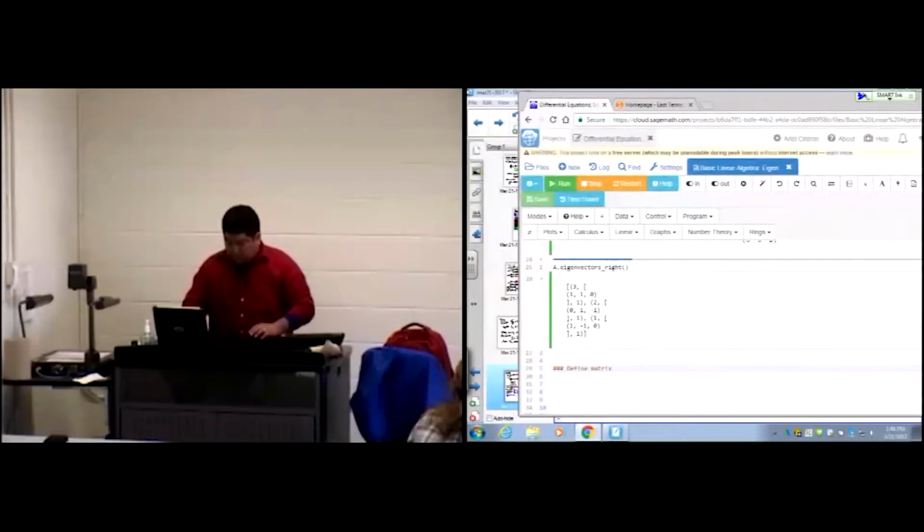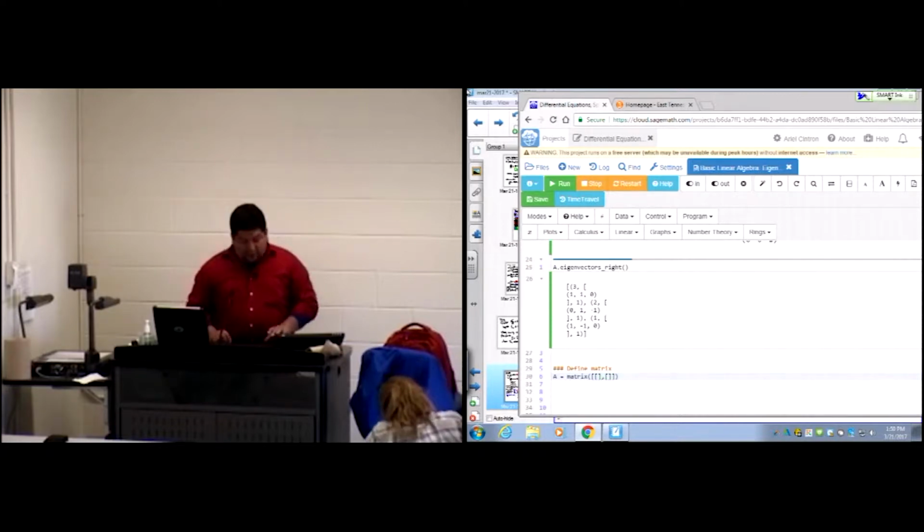The first row we said was 1 and 0, and the second row has 1 and negative 1. Is that correct? So let's see what this matrix looks like. So we define the matrix over there, and that's the matrix. First row 1, 0, second row 1, minus 1.